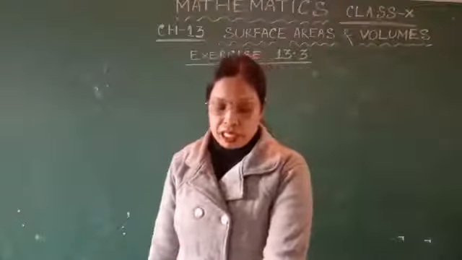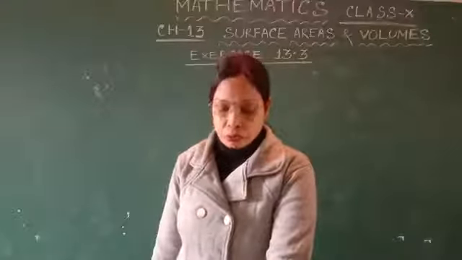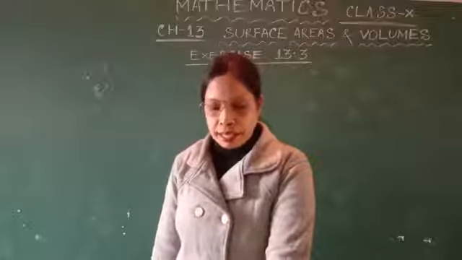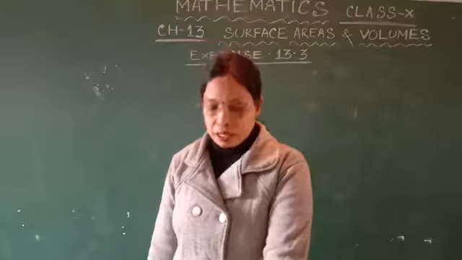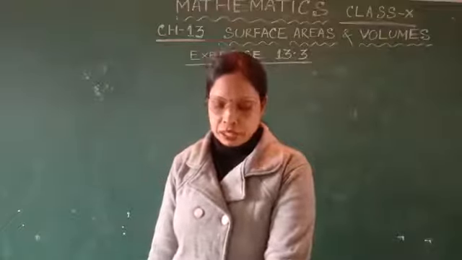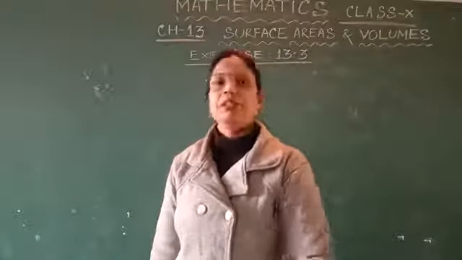A metallic sphere of radius 4.2 centimeter is melted and recast into the shape of a cylinder of radius 6 centimeter. Find the height of the cylinder.